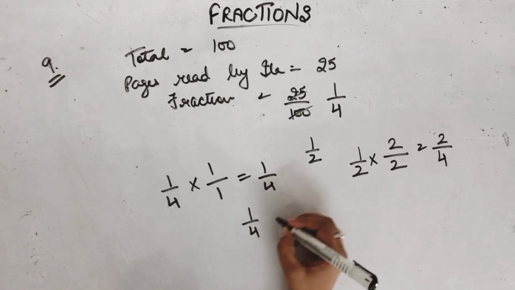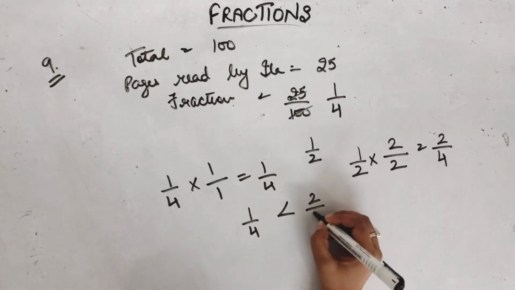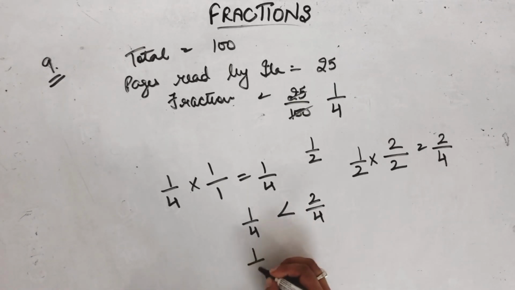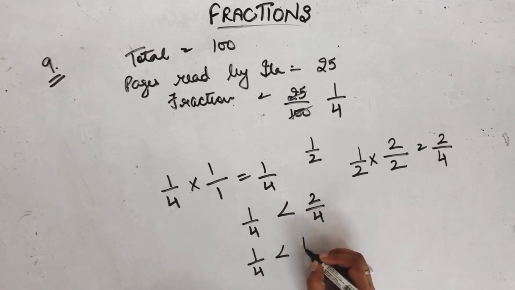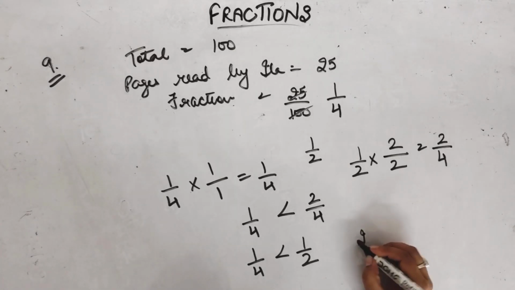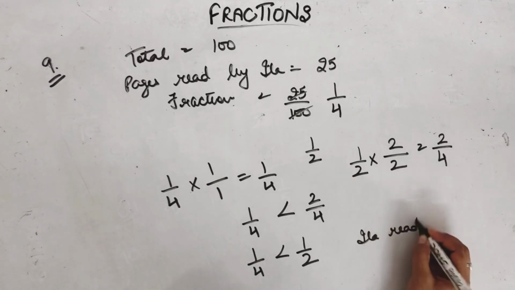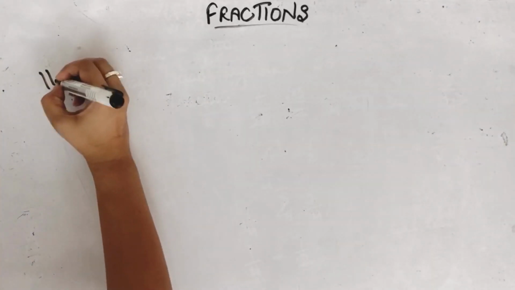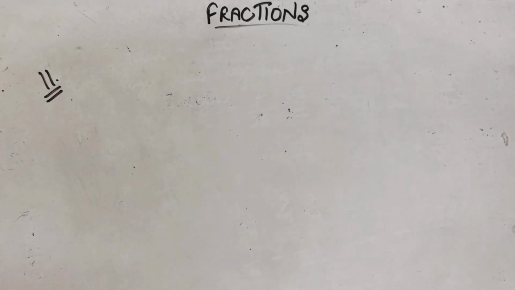Now 1 by 4 is less than 2 by 4, right? So 1 by 4 is less than 1 by 2. Therefore Ela read less. 10th question you will do it yourself, it is exactly the same.